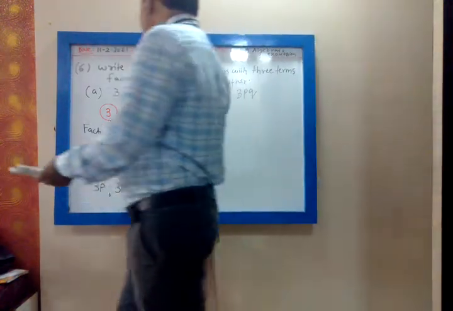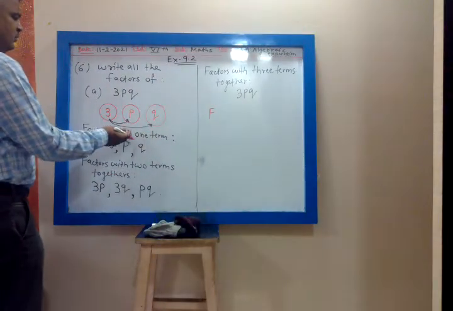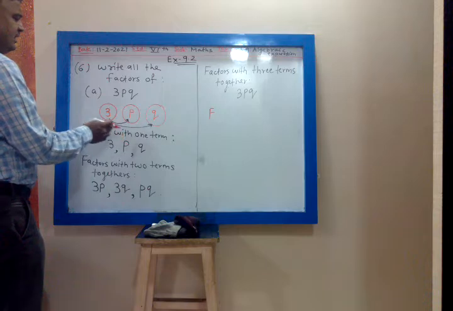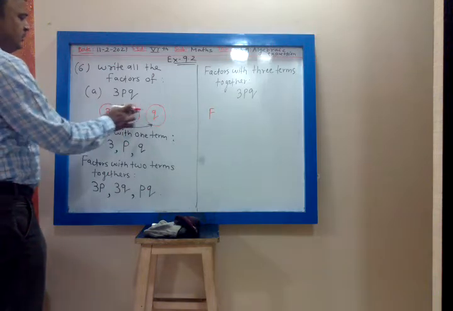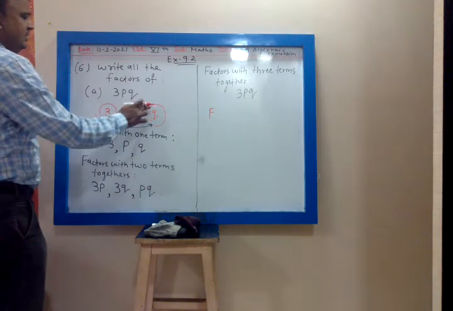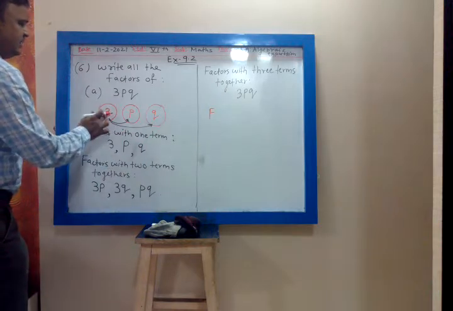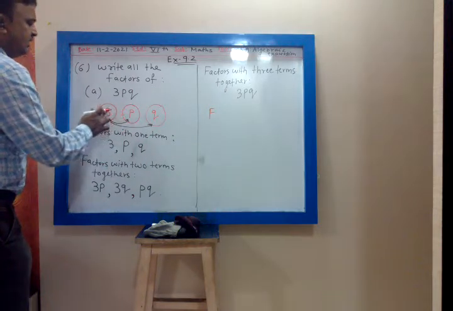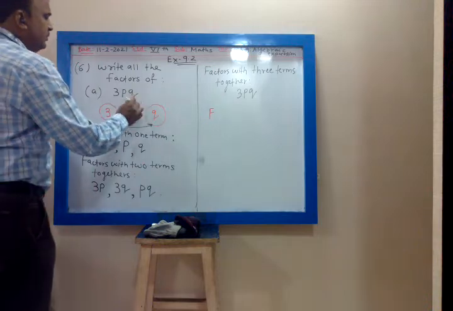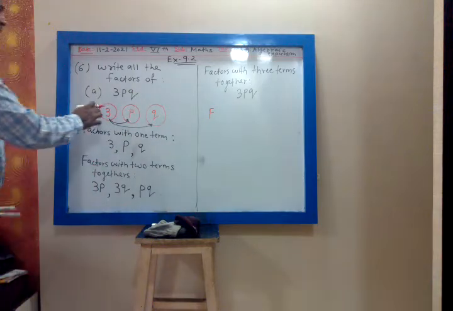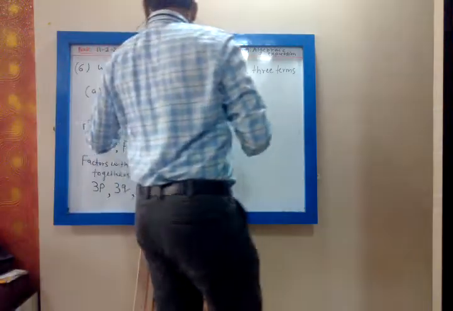So now, my dear, the factors with 1 term are: 3 is a factor, P is a factor, Q is a factor. Then factors with 2 terms, I will take 2 terms together: 3P, 3Q and PQ. Then factor with 3 terms together will be 3PQ.